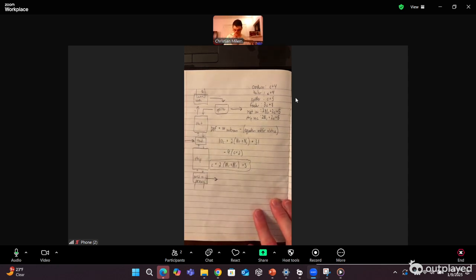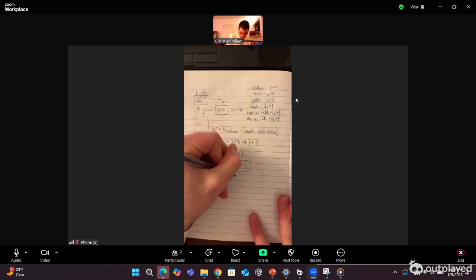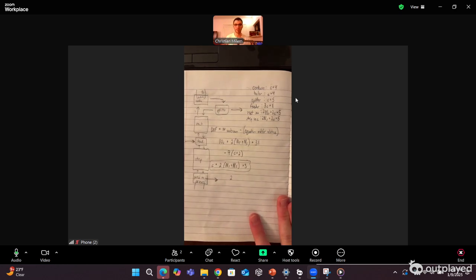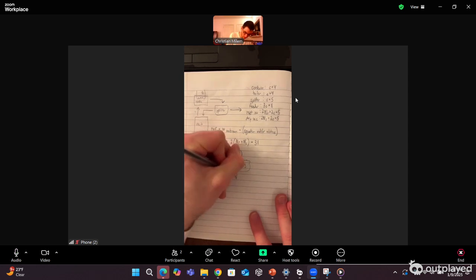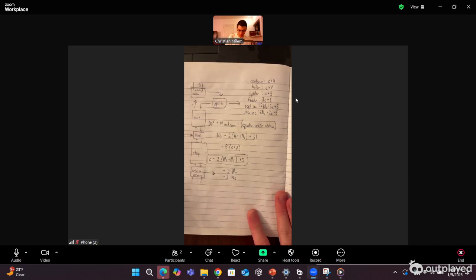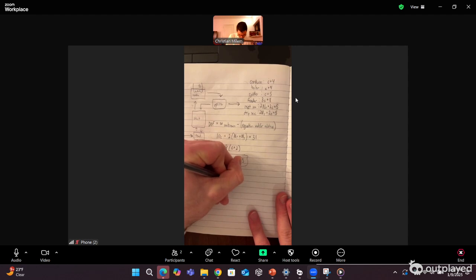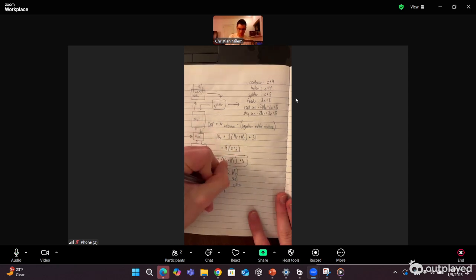So that's going to give us two knowns in our rectifying section, two knowns in our stripping section, 2 from our splitter, minus 2 from our feed.